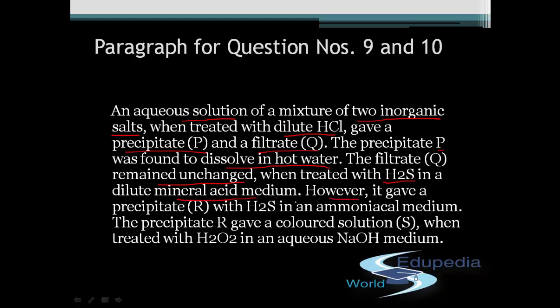However, when it was reacted with H2S in ammoniacal medium, it formed a precipitate R. So Q is unaffected by H2S in acidic medium, but in an ammoniacal medium it reacts with H2S to form a precipitate R, right? Further it says the precipitate R gave a colored solution S when treated with H2O2 in aqueous NaOH medium. Let us represent this information for Q.